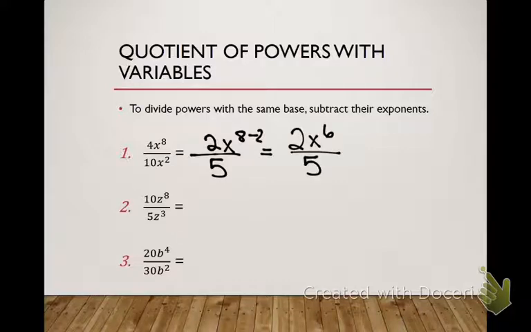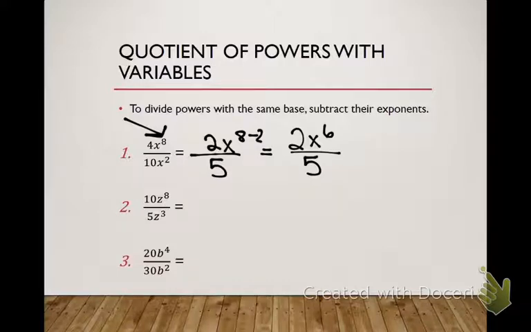And guys, another way you can remember this: you subtract 8 minus 2 to get 6, and your leftovers go where the larger exponent is. Because 8 minus 2 is 6 and 8 is larger, my leftovers stay in my numerator. And like I said earlier in the lesson, on section 4.5, all of my leftovers will be in the numerator.